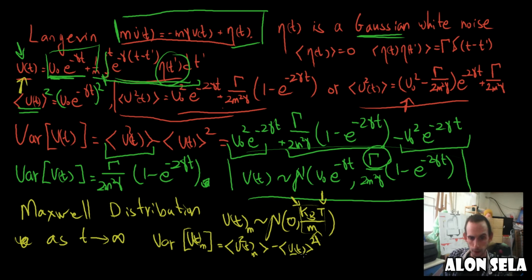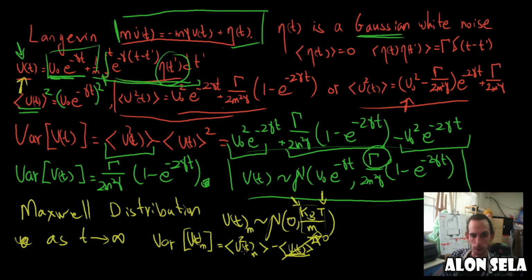But the expectation is 0, so this is 0, and we are left with the fact that for the Maxwell distribution, the second moment is the variance.